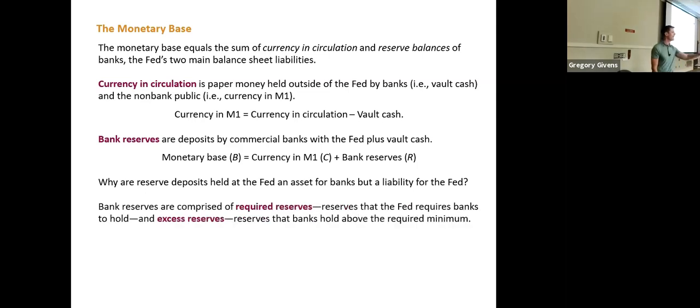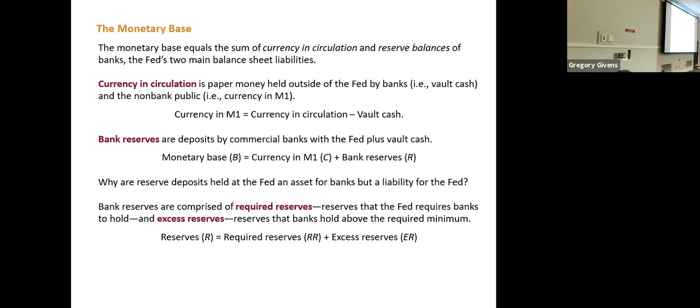A couple of other last terms that I want to mention before we start working through the model. There is a technical difference between required and excess reserves. Total bank reserves is the sum of required reserves plus excess reserves. For a long time, the Fed required private commercial banks to hold some of their deposits in the form of reserves.